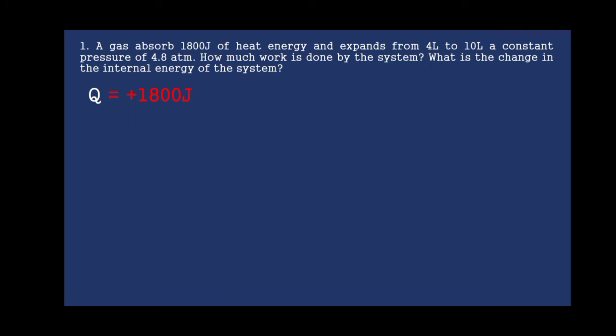Now we're going to find the work, where work is equal to negative pressure times the change in volume, where the change in volume is the final volume minus the initial volume, where 10 liters minus 4 liters is equal to 6 liters.